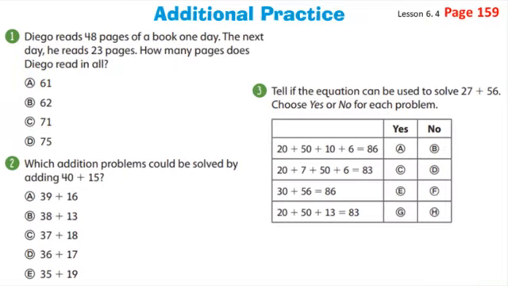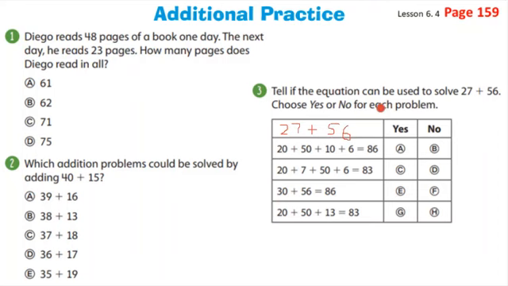Okay, so first we want to look at number 3, and it says, tell if the equation can be used to solve 27 plus 56. It says choose yes or no for each problem. So I'm going to write 27 plus 56 right above here.